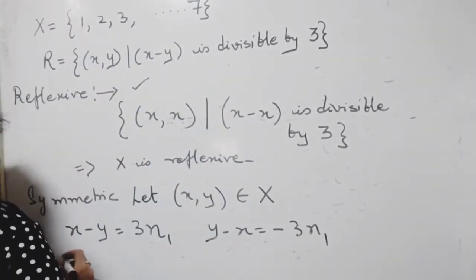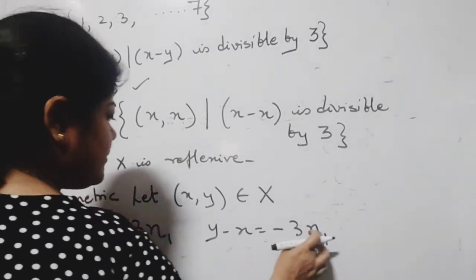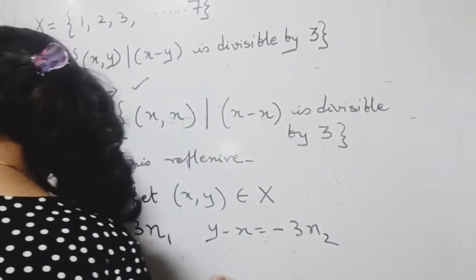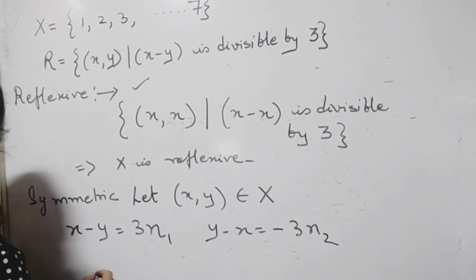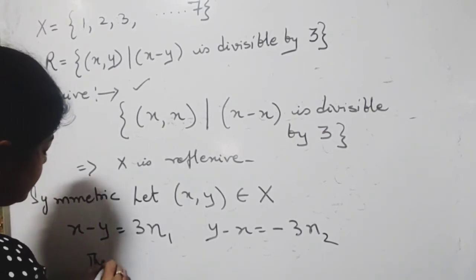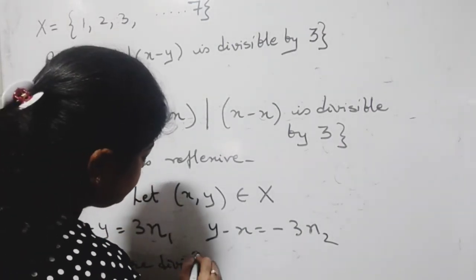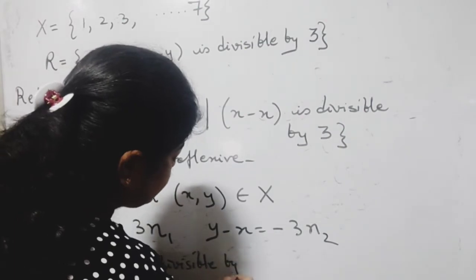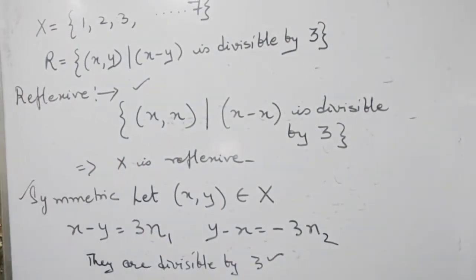Now both are divisible by 3. For example, let it be 3n2. So they are divisible by 3. So this set is symmetric also.